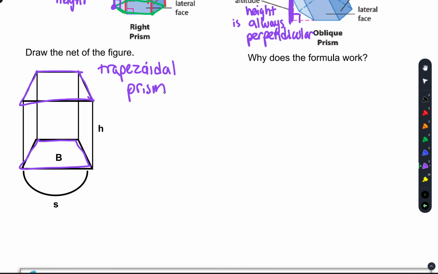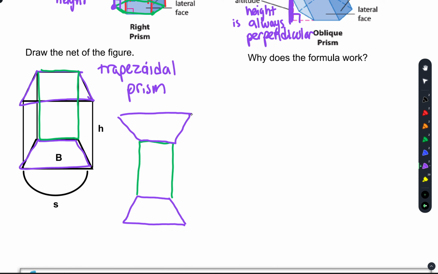And I'm going to draw out this net. So I'm going to start with the base that's on the table, connecting that base to the other base is a rectangular side. And then here's the other trapezoid up there.